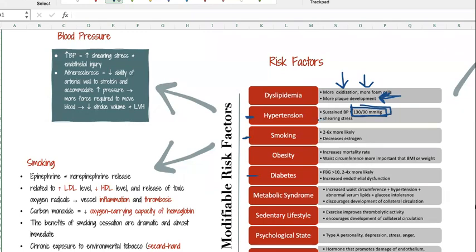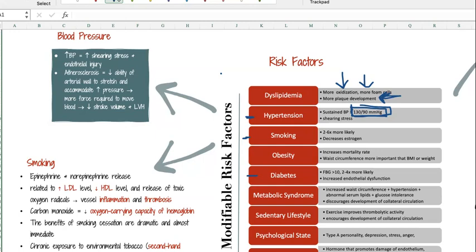One of the reasons that hypertension can increase the risk of atherosclerosis is that the speed of the blood moving and the pressure in the blood vessel can actually create a shearing stress on the inside wall, or the endothelium, of the blood vessel.